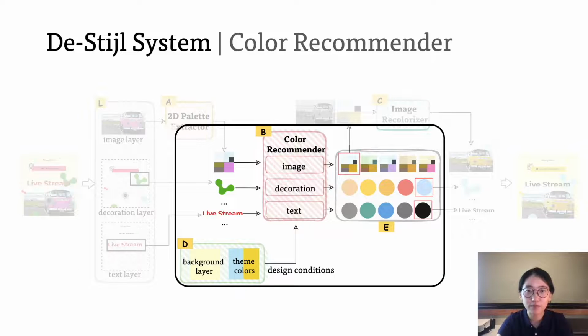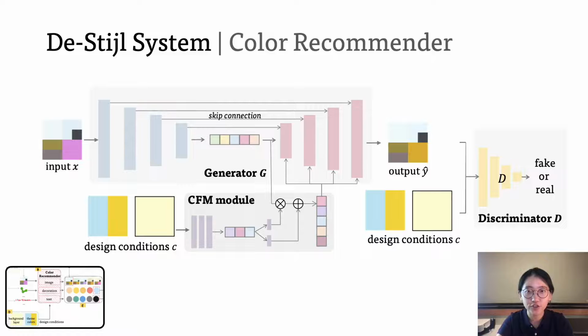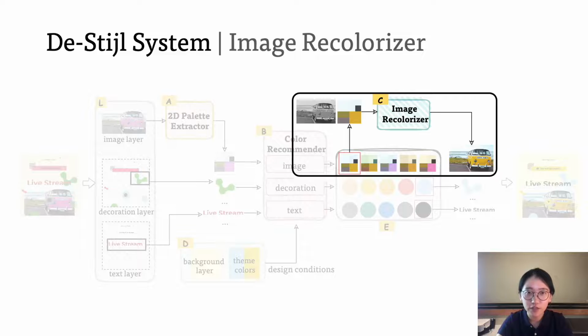Further, De-Stijl employs a theme-aware and spatial-sensitive color recommendation model to recommend colors for each design element. We built a model architecture based on a conditional GAN model and adopt a specific design to enforce design conditions to be effectively incorporated into the colorization process. Finally, the De-Stijl system also supports automatic imagery colorization according to the recommended palette to further reduce users' manual effort.